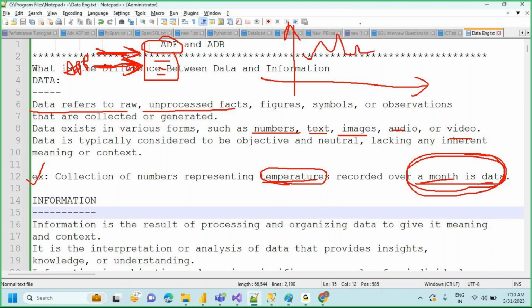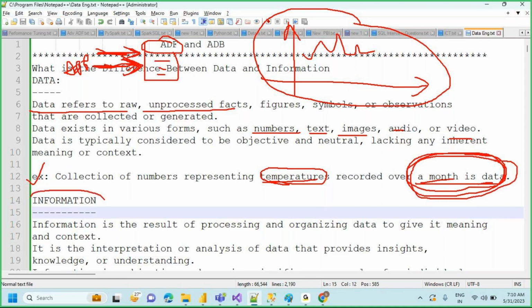This is the information. That means information is dependent on the data. Without data, you cannot get information. Information has a meaning, and information is used to take business decisions.